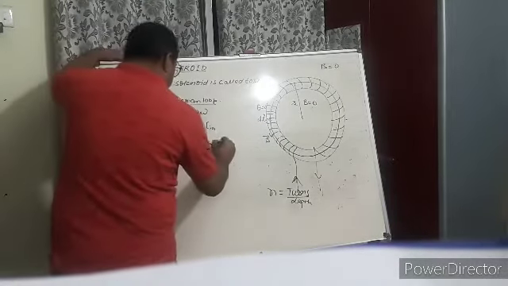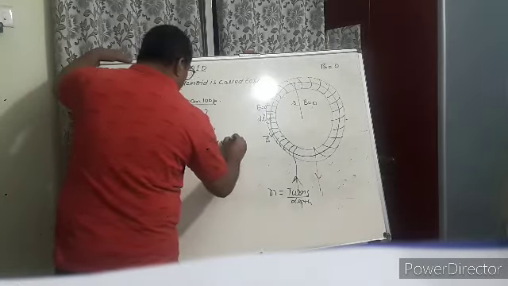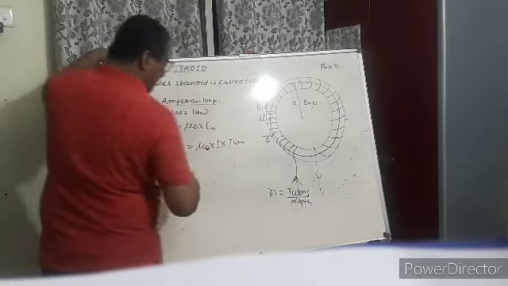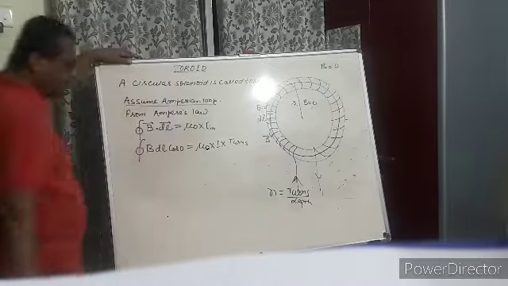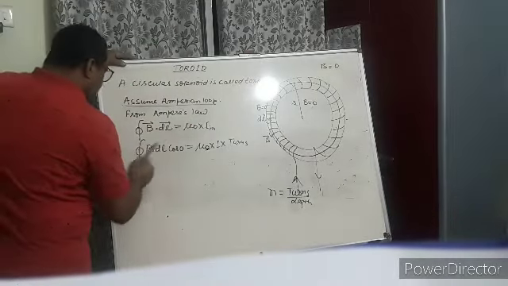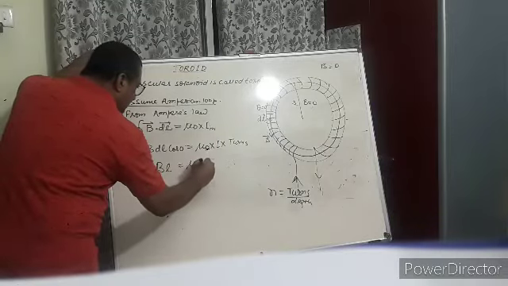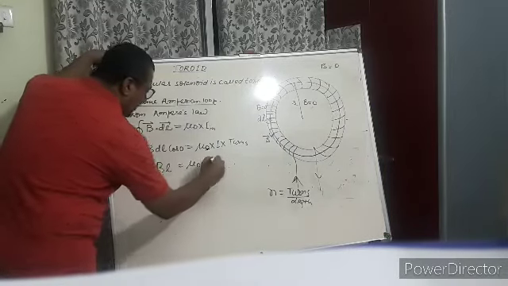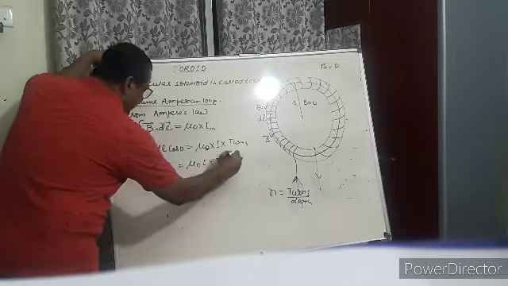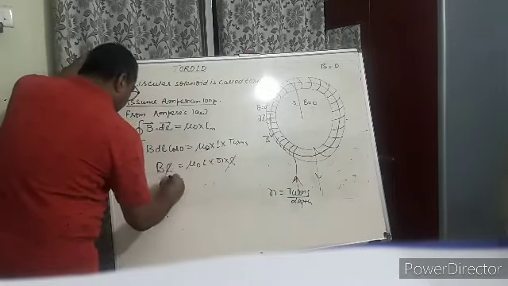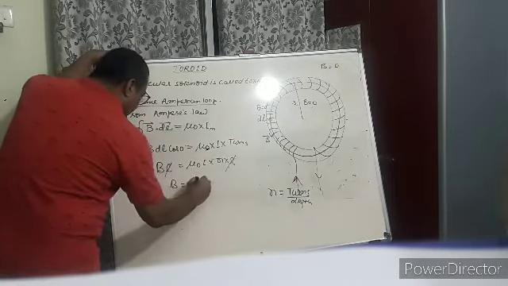So I into turns, cos 0 equal to 1, this will be B L equals mu naught I, and the number of turns is n into L. L will be cancelled, so again the magnetic field will be equal to mu naught n I.